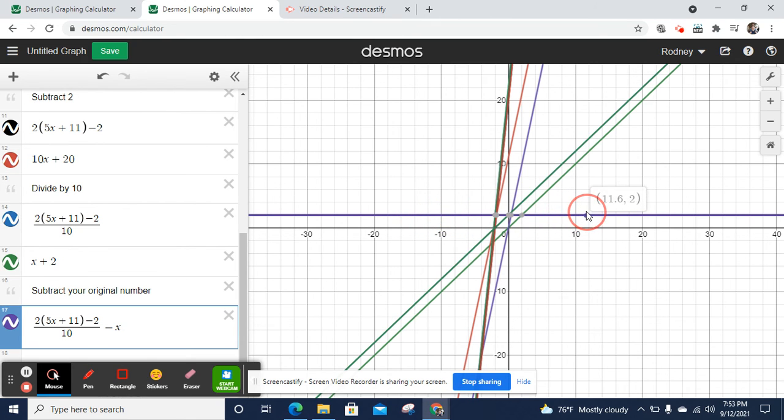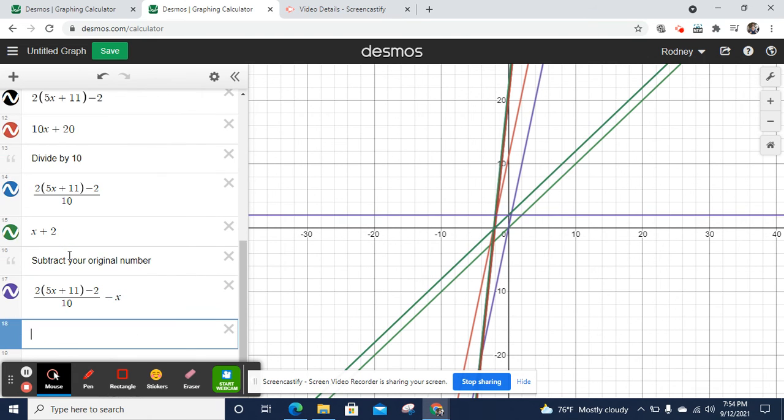Basically, no matter what x value you picked, you end up with 2. I'm going to simplify it using the simpler piece and say minus x. So x plus 2 minus x is just 2. And there you have it. I have just done a magic trick that leads specifically to 2.